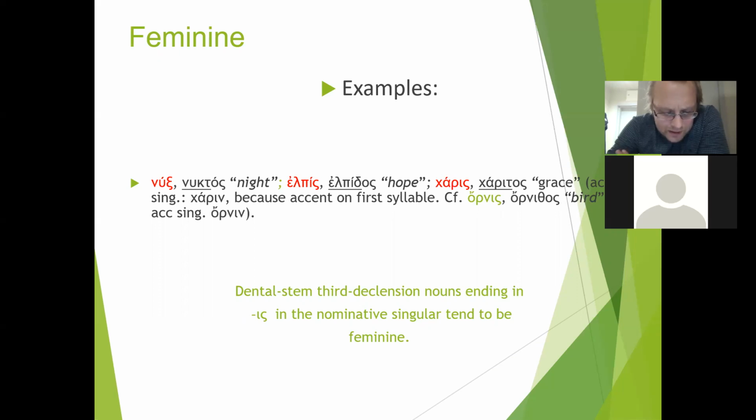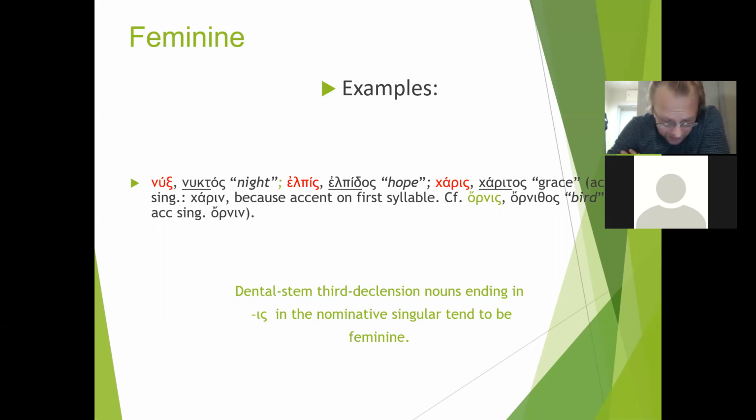But this kind of accusative singular ending is a general rule for nouns in the third declension which end in is, when the accent is not on the final syllable in the nominative singular.